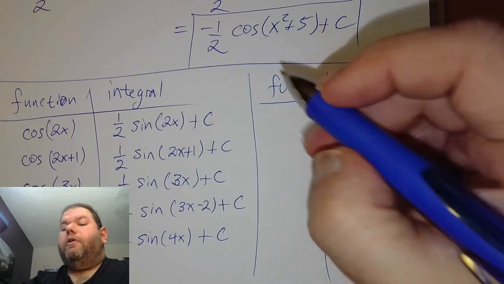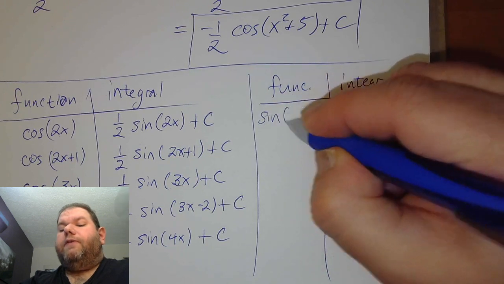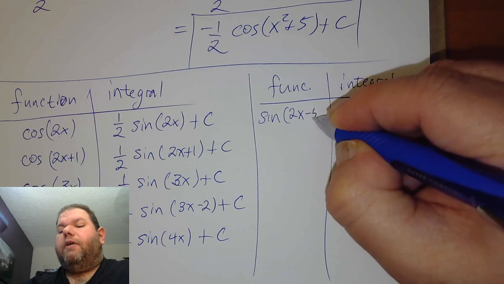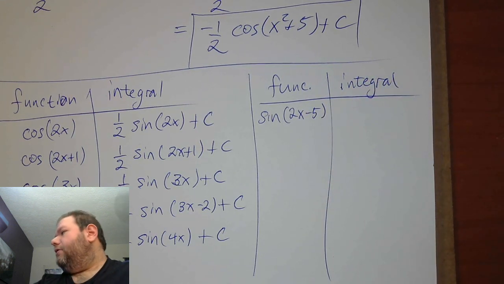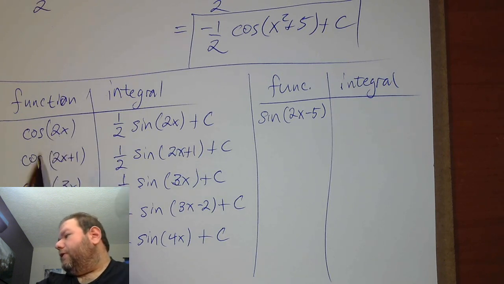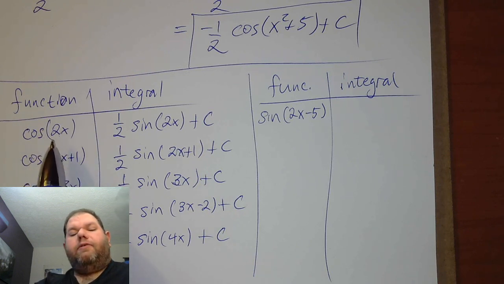Okay. What about the integral of sine of 2x minus 5? What do you think that integral would be? And the goal here is really, for some problems like this, to not have to actually go through the u substitution.